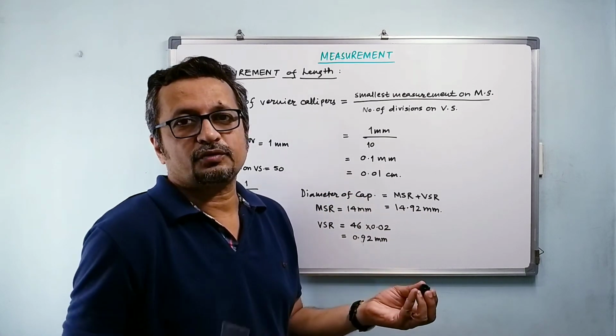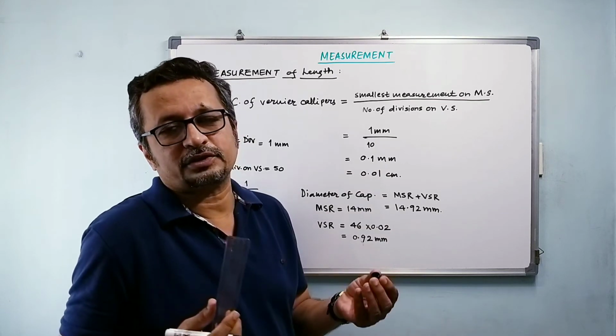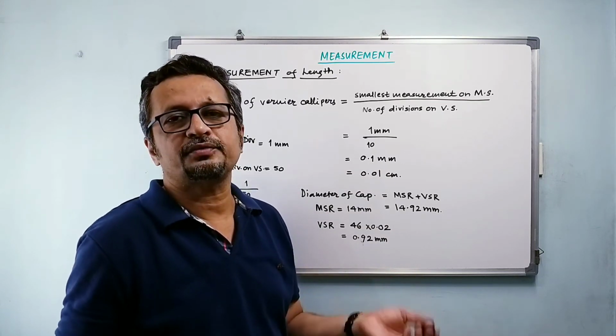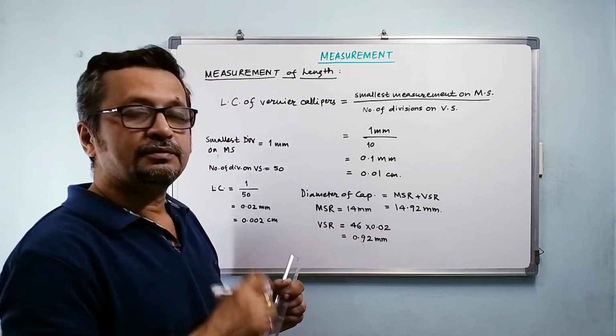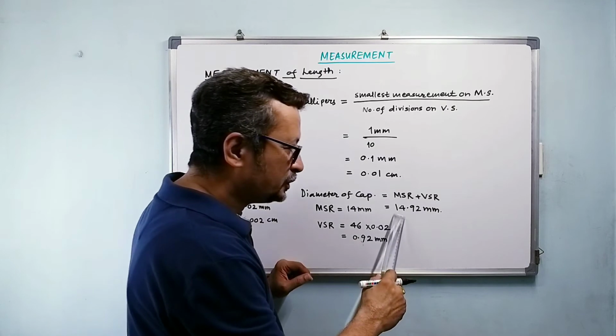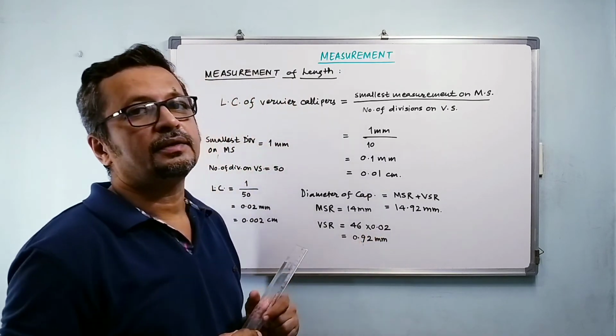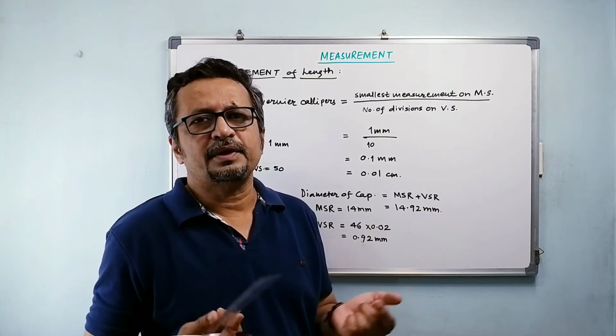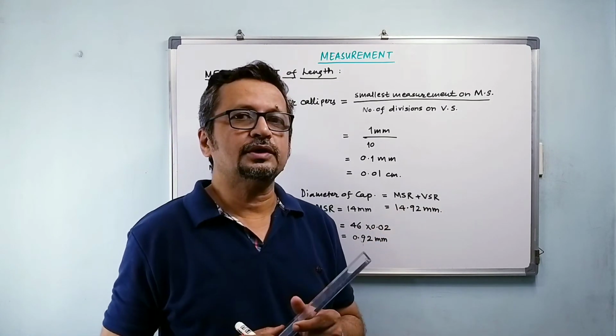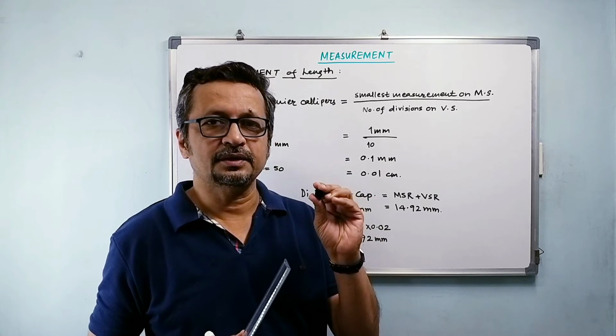I'm not quite sure, so I have to either approximate it to 15 or 14. Not even 14.5. But with vernier calipers, I am able to measure it to be 14.92, and that may be fairly close to the true value of this.